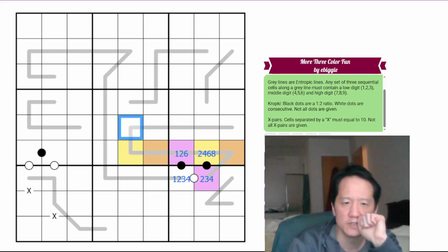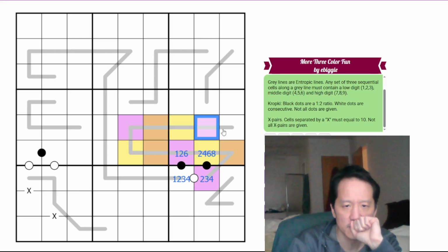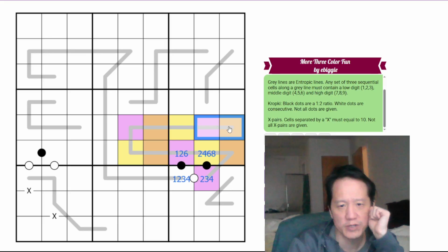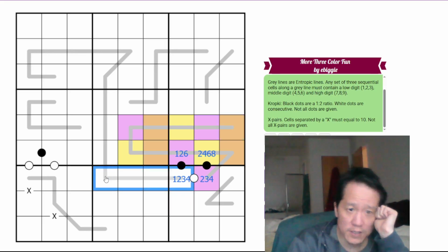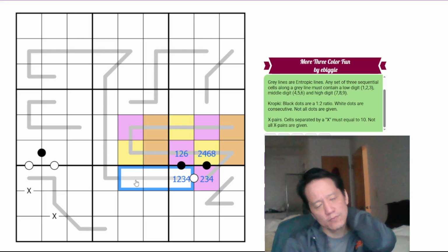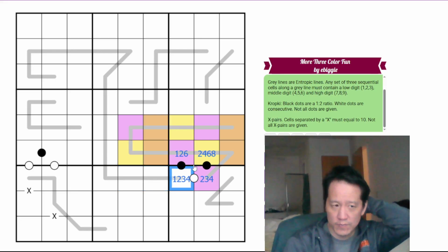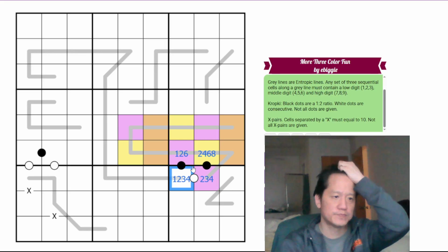This is pink, orange, yellow, and this is pink, and this is orange. Right? Pink, orange, yellow, pink, orange, yellow, pink, orange, yellow, pink, orange. These might be the same or might be different.